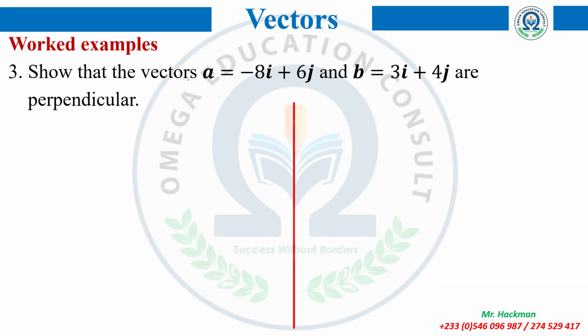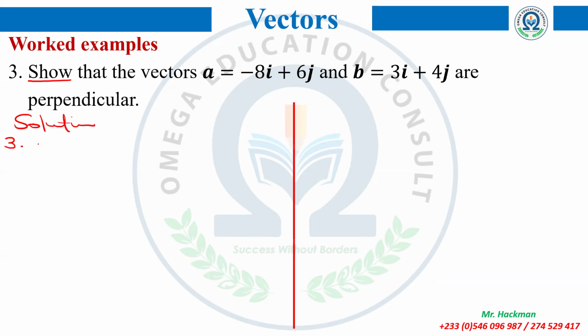So show that the vectors are perpendicular. Anytime you read a math question and you see "show", underline it, because your conclusion must be put in a particular way. Whether you like it or not, they should be perpendicular. So this is what we do. Solution: you extract your vectors.